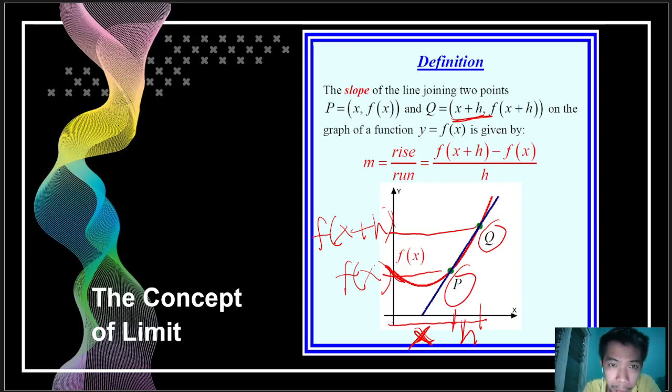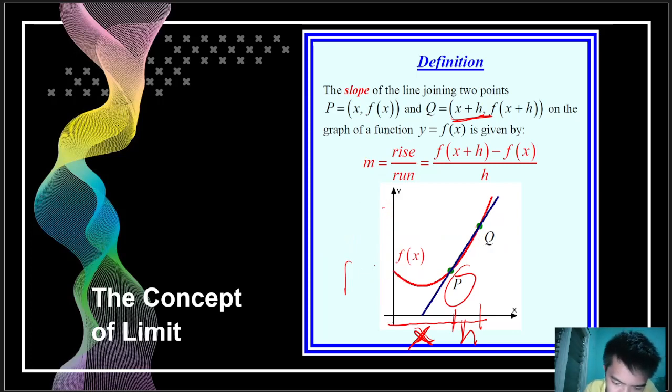You know, in algebra, the slope is equal to rise over run, and your rise is, if you will draw a triangle here, it's a right triangle.